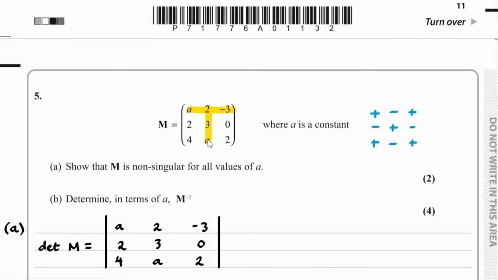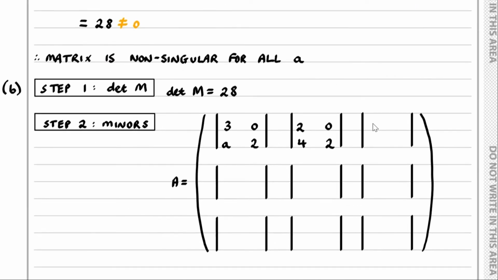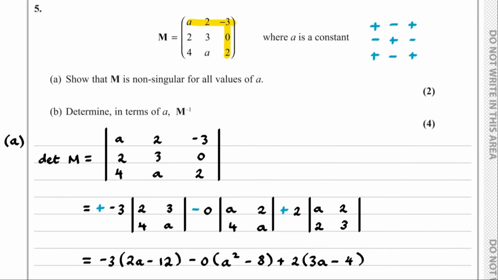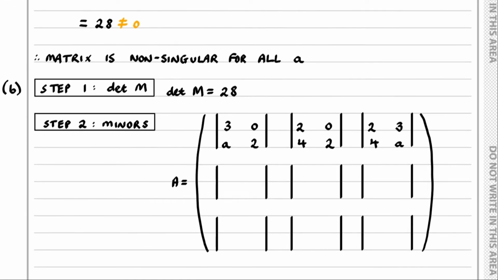And then for the next one, I've got 2, 3, 4, A. And then we've got A, 2, 4, A for this one over here.